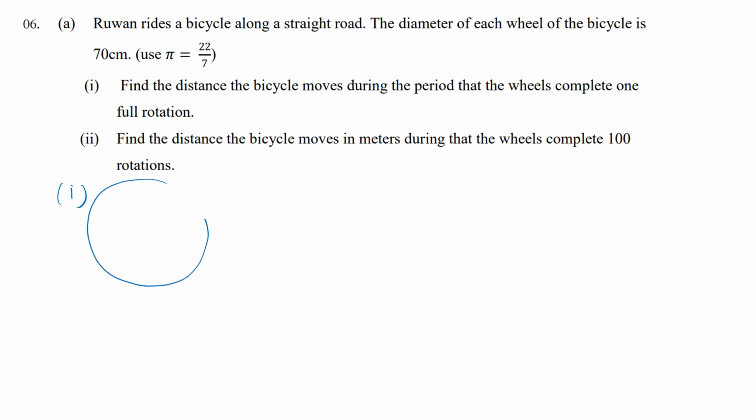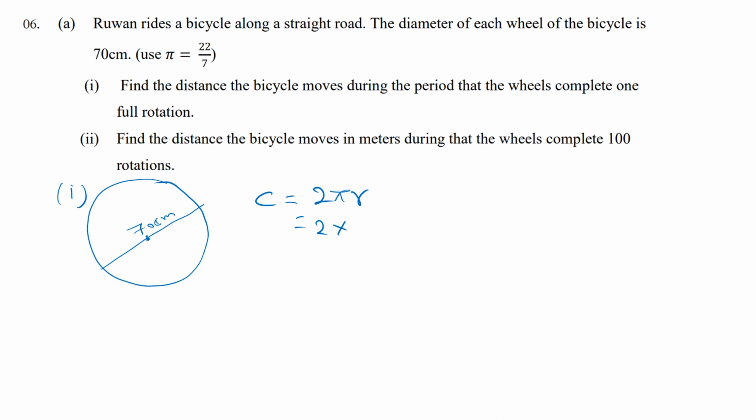This wheel is something like this. Its diameter is 70 centimeters, and so circumference is, when this wheel rotates, this completes one rotation. That means the distance it travels is equal to the circumference, right? This is 2 pi r.